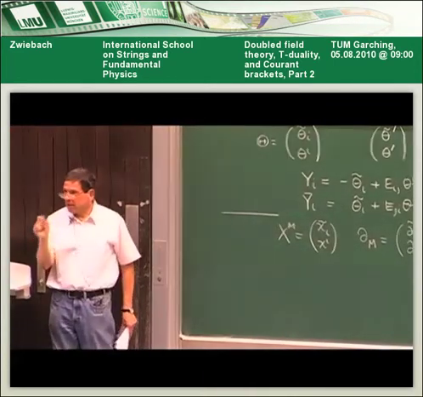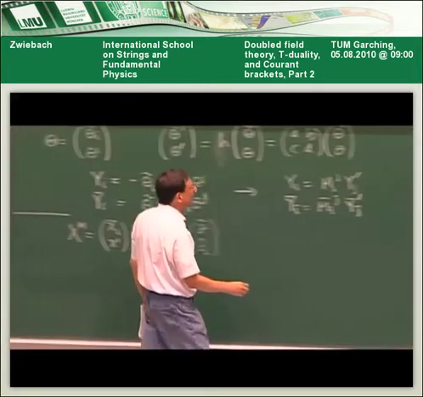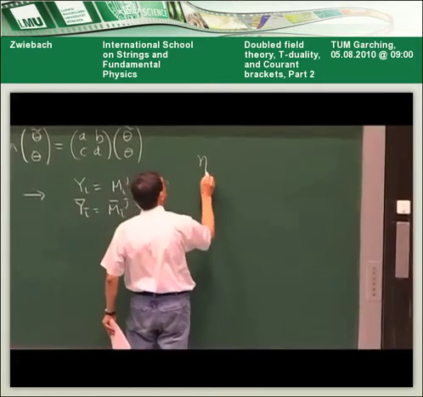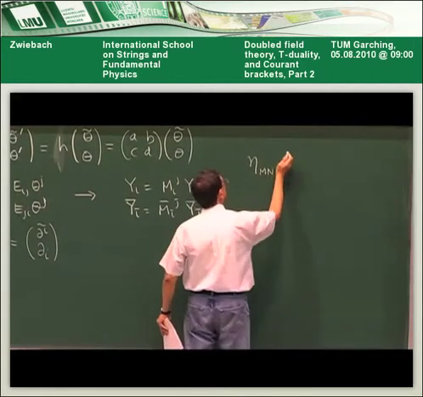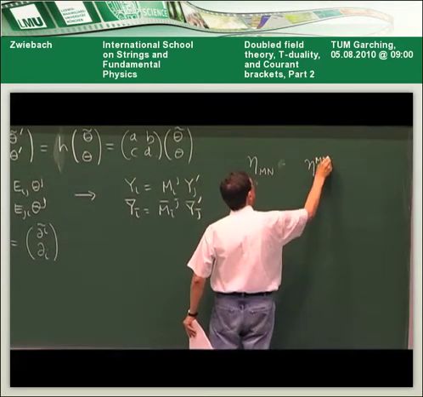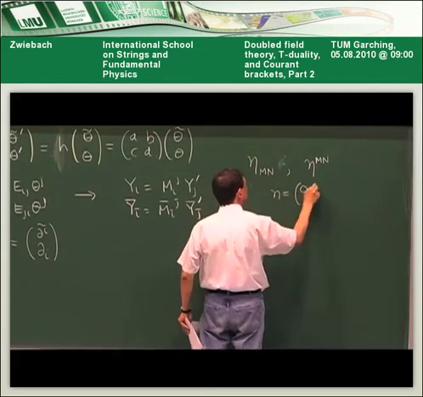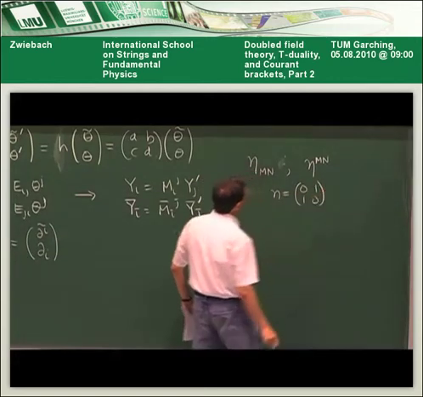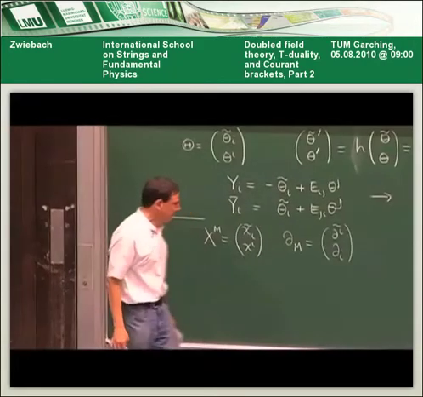Now, in this theory, we are lucky that we have this eta that we said this eta matrix could be thought as this, or like that. Eta as a matrix is 0, 1, 1, 0. And it can be thought as a matrix that lowers and raises indices.